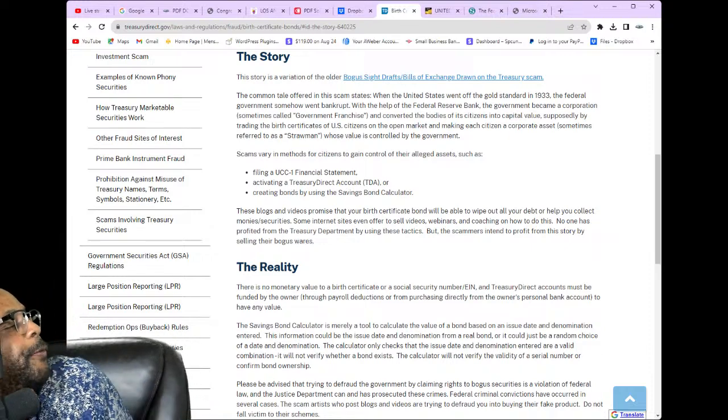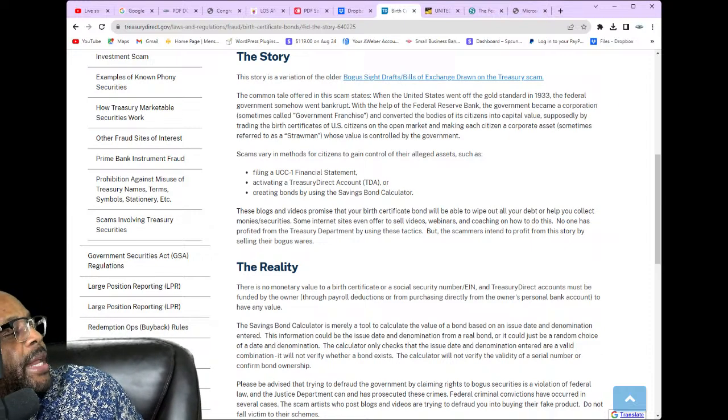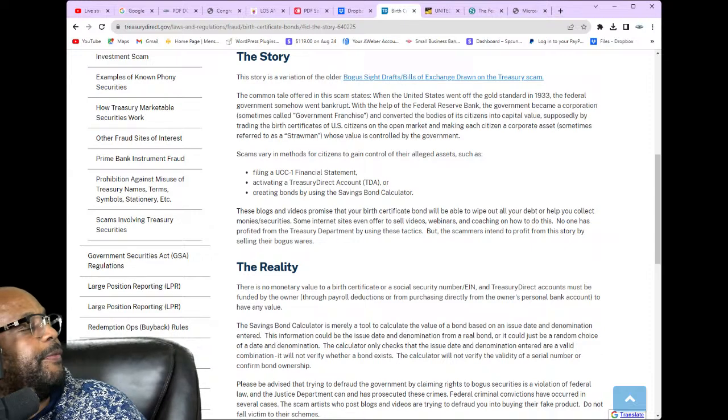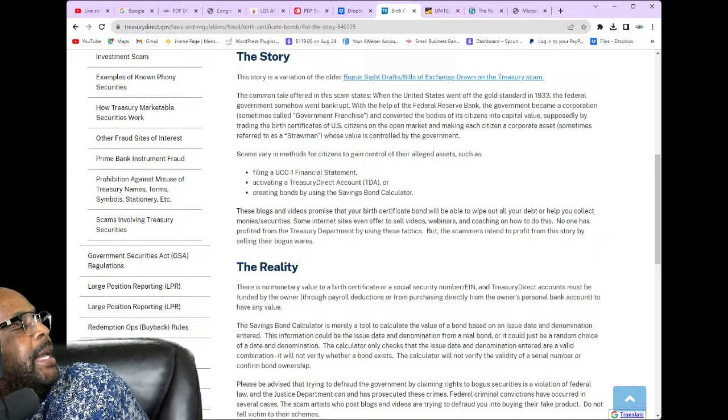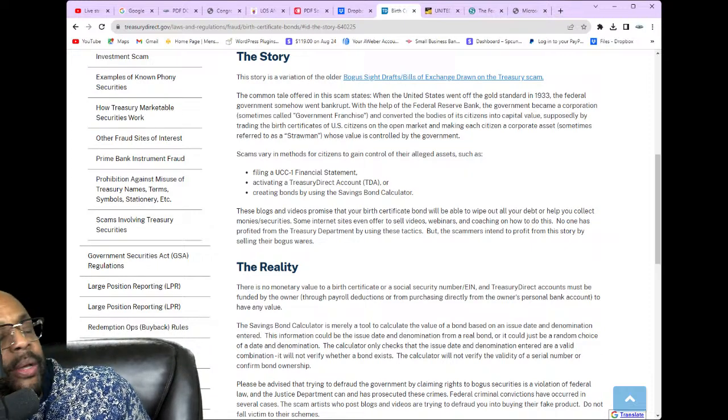The common tale offered in these scams states, when the United States went off the gold standard in 1933, the federal government somehow went bankrupt. With the help of the Federal Reserve Bank, the government became a corporation, sometimes called a government franchise, and converted the bodies of its citizens into capital value, supposedly by trading the birth certificates of U.S. citizens on the open market and making each citizen a corporate asset, sometimes referred to as a straw man, whose value is controlled by the government.